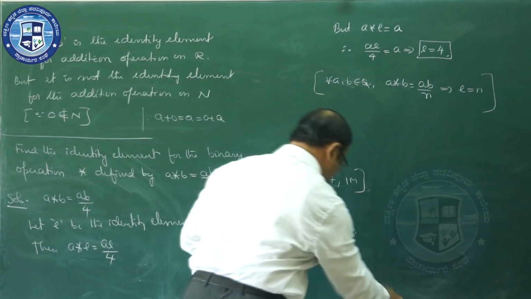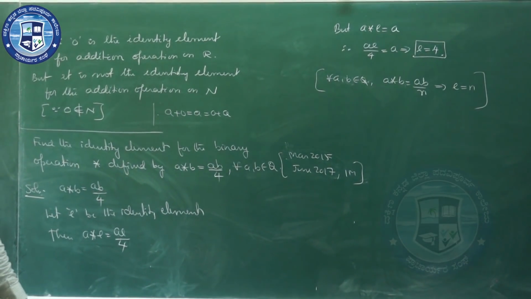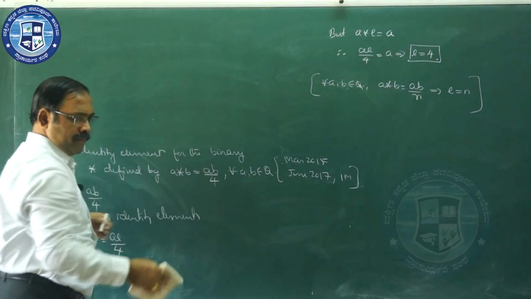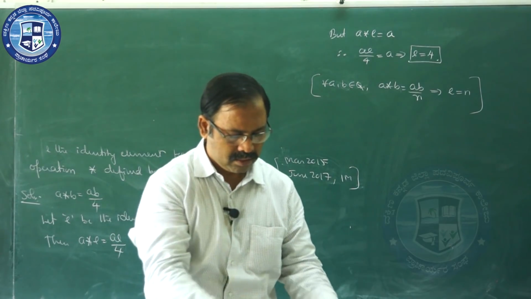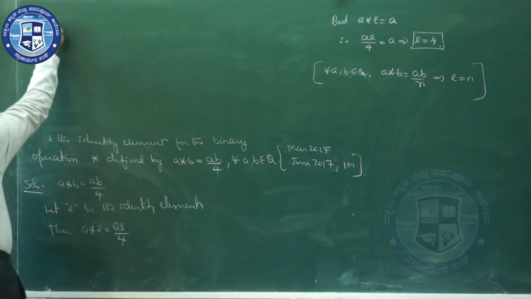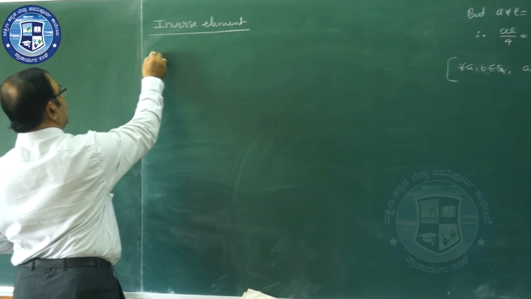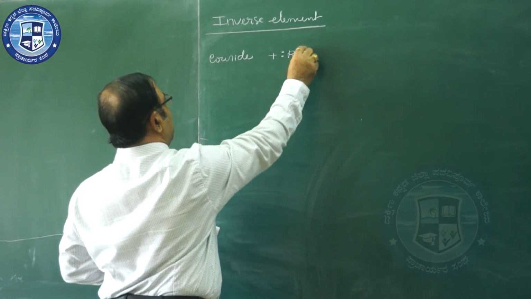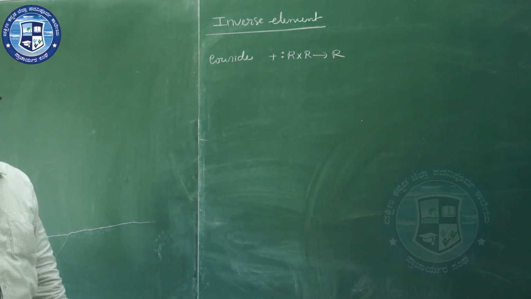So, to complete this, I'll just give you an idea about the inverse element. See, for example, in the case of inverse element, you just consider plus from R cross R to R. Okay, you take the operation as plus.